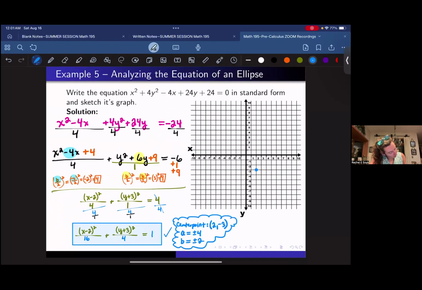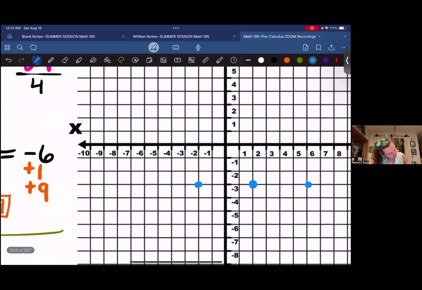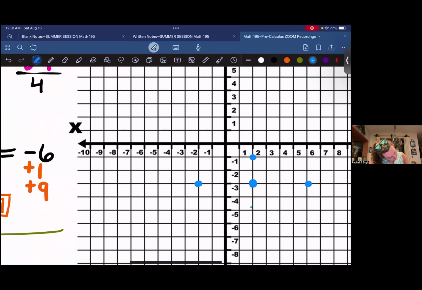We're going to move in the horizontal direction, 4 to the left, 1, 2, 3, 4, plot, 4 to the right, 1, 2, 3, 4, plot, and then 2 up and 2 down, 1, 2, 1, 2. So let's connect the dots. I'll fix that. Let's try it one more time. Yeah, that's perfect. And we're done.